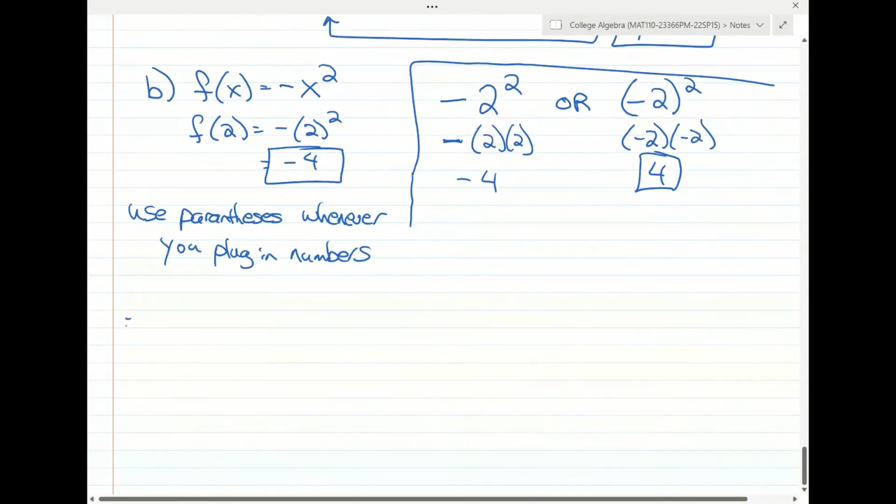Do one more of these. What about if I told you that f of x is equal to... 1, 2, 3, 4, 5 in each direction?